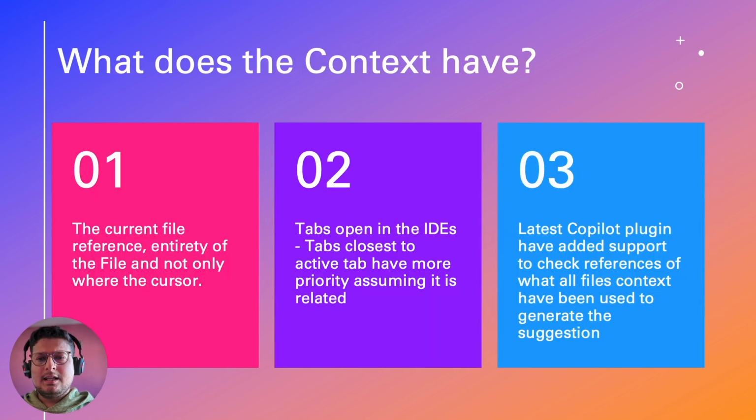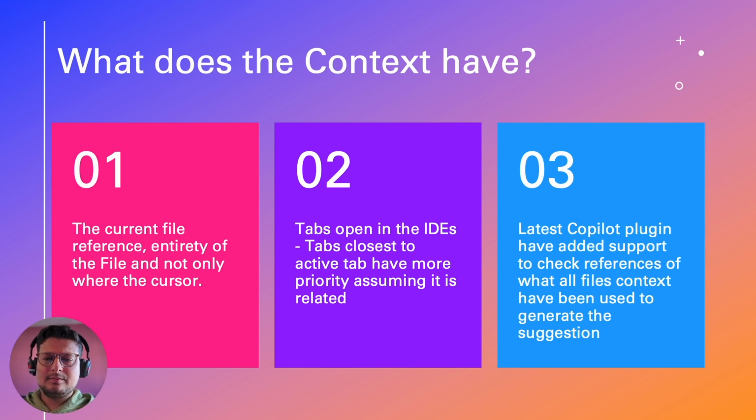Moving ahead. Now, a generic question would come: what would the context have? As discussed in the previous slide, the context will have the current file inference. It would understand what you are trying to write or what is already written in that file. It not only takes the cursor input, it would have the entirety of the file with it. The second thing, as we already discussed, is the neighboring tabs' relevance.